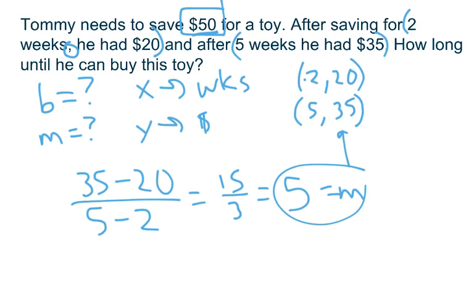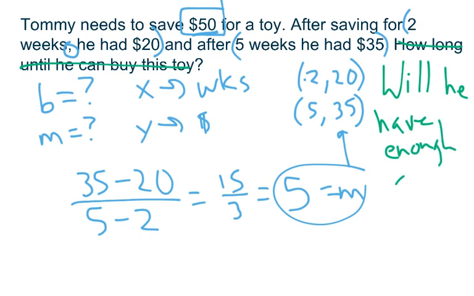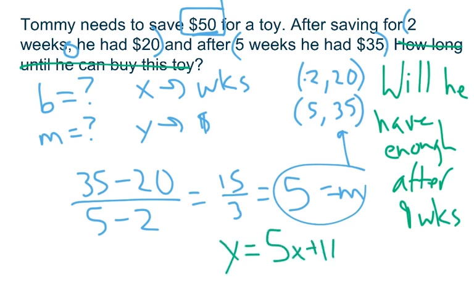Because for example, another variation of this is instead of saying how long until he can buy this toy, it could be something like, will he have enough after 9 weeks? Well, once you have the equation, which is y equals 5x plus 10, you can plug 9 into x right there, and you can find out.